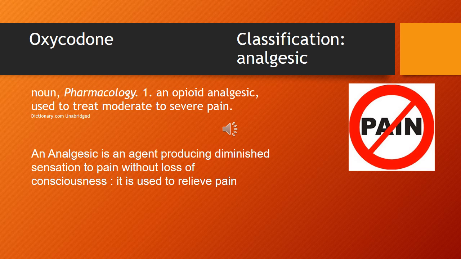The first medication that we're going to discuss is oxycodone. It's part of the analgesic classification. Oxycodone is used in severe pain, used for pain relief, and also when used for pain, typically without loss of consciousness.